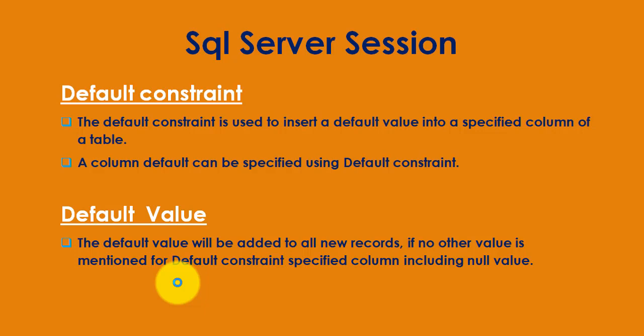The main point is that if you do not mention a value for a column with a default constraint, the value mentioned at the time of creating the default constraint will be assigned. A null value can also be inserted if the user wants to insert a null value.